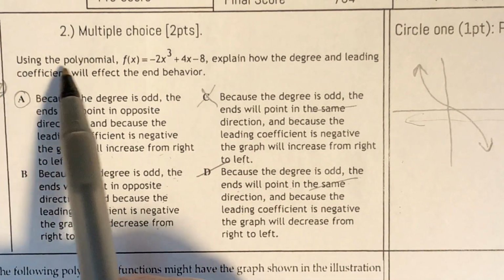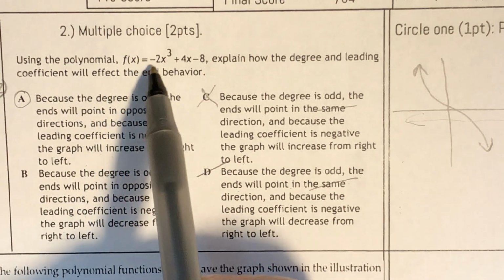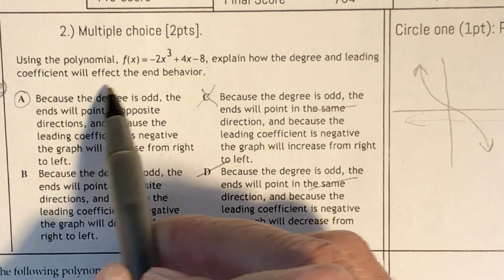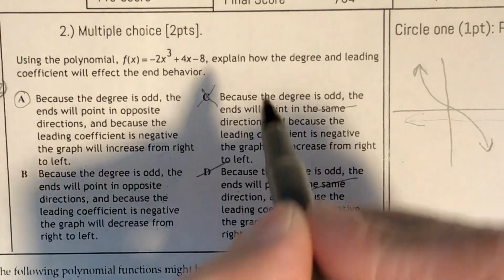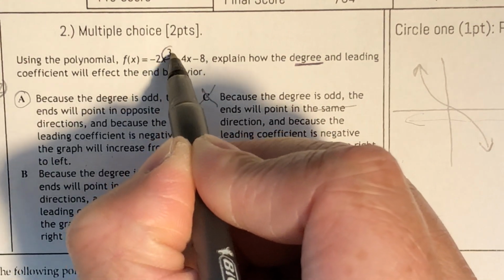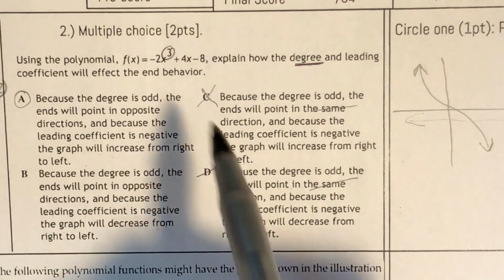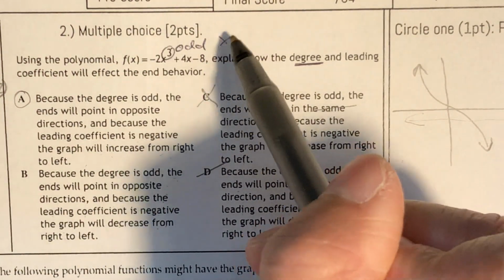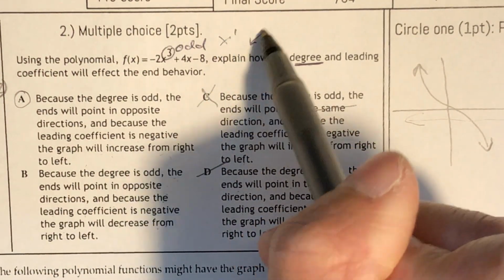Question number 2 says, using the polynomial f of x equals negative 2x cubed plus 4x minus 8, explain how the degree and leading coefficient will affect the behavior. The degree is the highest degree, and that's the 3. This is odd, and just like every odd, the easiest odd is x to the first. You will start down, end up.